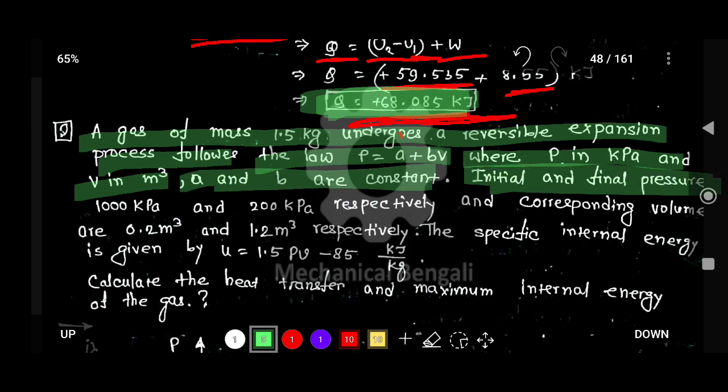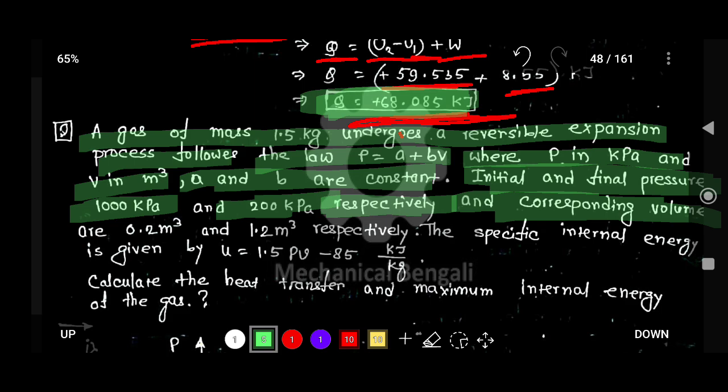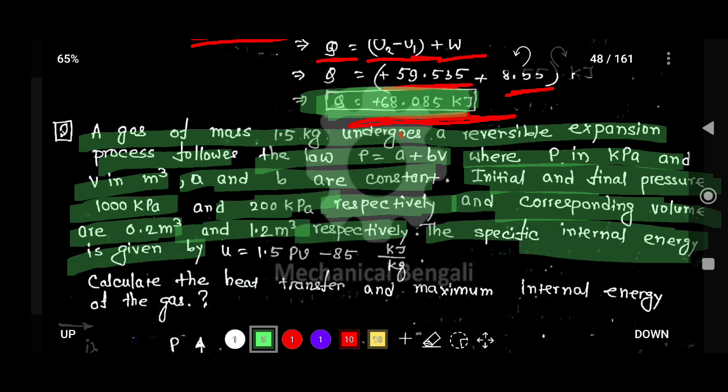Initial and final pressure are 100 kilopascal and 200 kilopascal respectively, and corresponding volumes are 0.2 meter cube and 1.2 meter cube respectively. The specific internal energy is given by U equal to 1.5 PV minus 85 kilojoule per kg. So basically this question is similar to the above question, just a completed version.